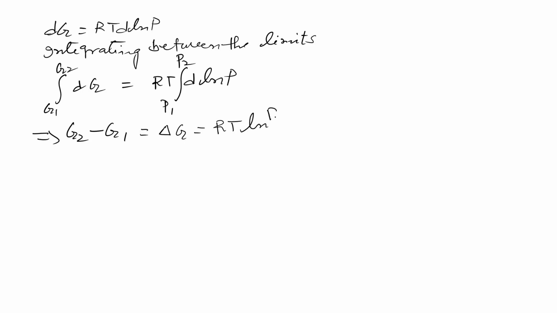So delta G is equal to RT ln P2 by P1. This is another equation.